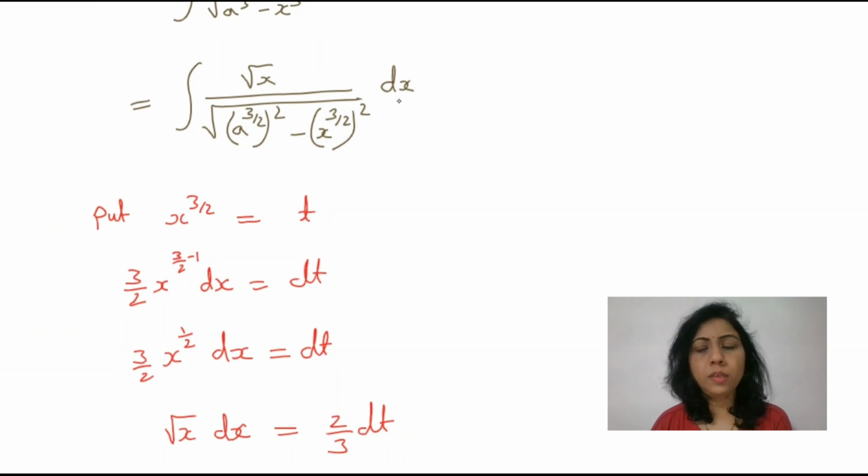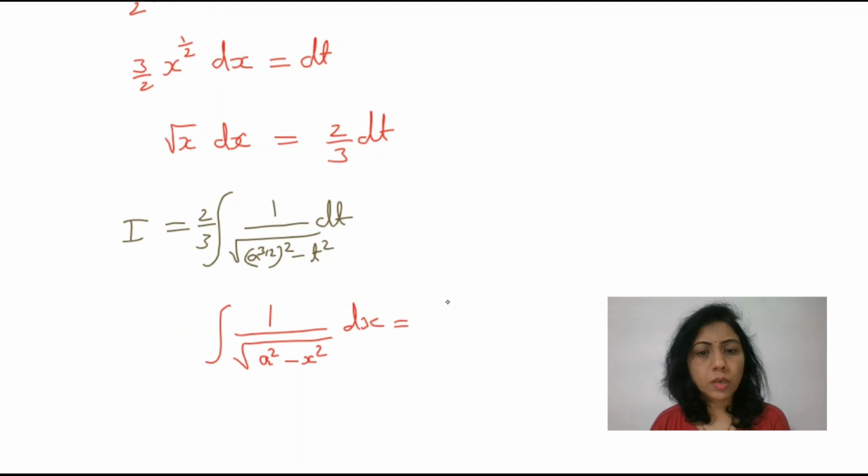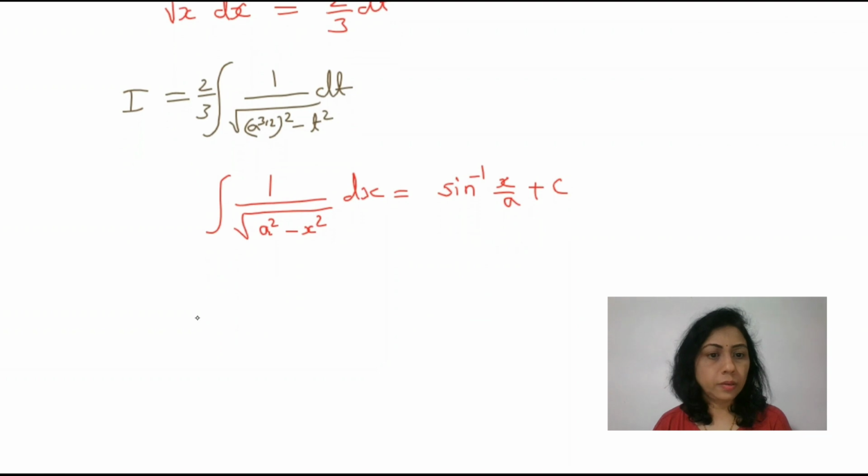We can substitute here, t is squared. We know the integration formula: the integral of 1 upon square root a square minus x square dx is sine inverse x upon a plus c, any arbitrary constant. This formula we apply here.